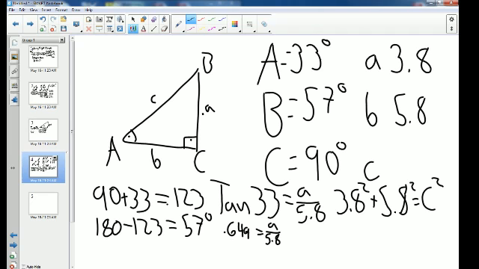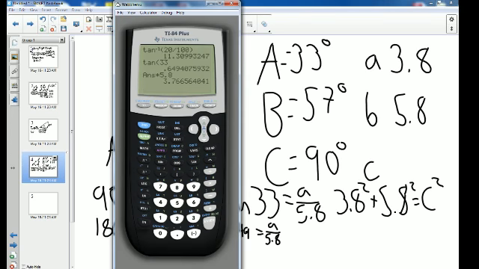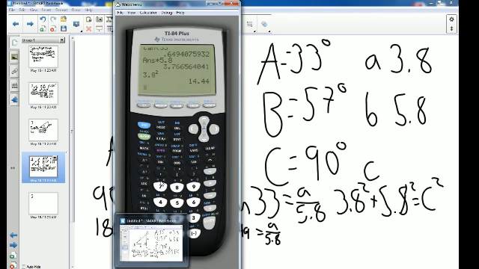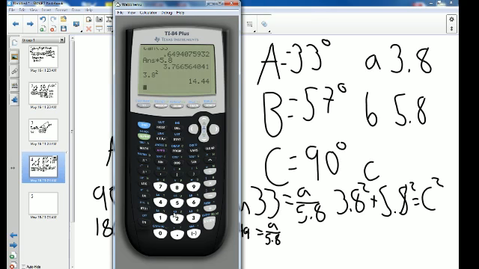So we'll plug those into the calculator. 3.8 squared, 14.44, and then 5.8 squared, and then we'll just add those together now.